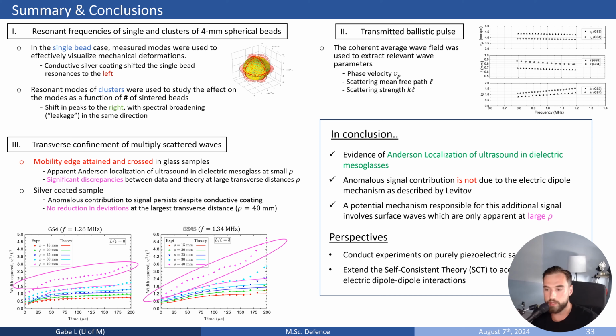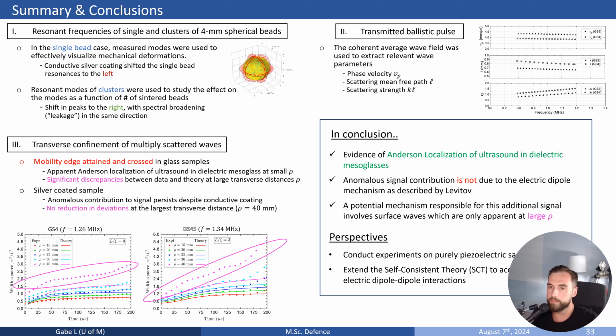As we increased beads inside the system, we saw a shift to the right in the resonant frequencies and a broadening in the same direction. We measured the coherent pulse, which gave us the phase velocity and scattering mean free path, which we used to get information about the scattering of the sample.